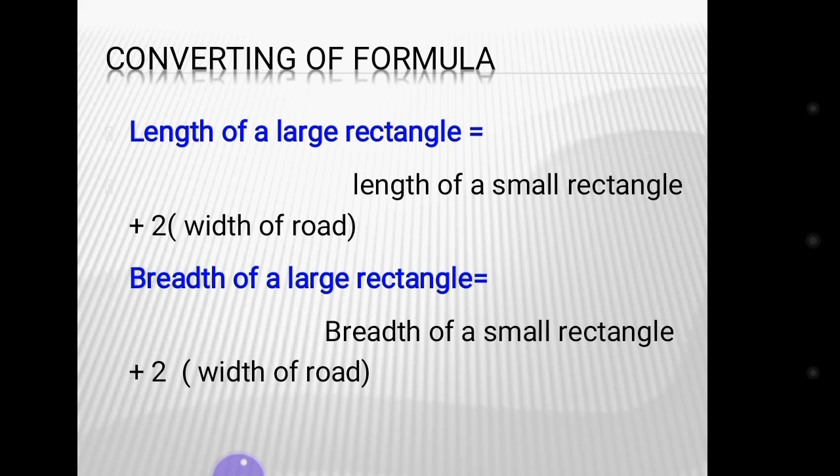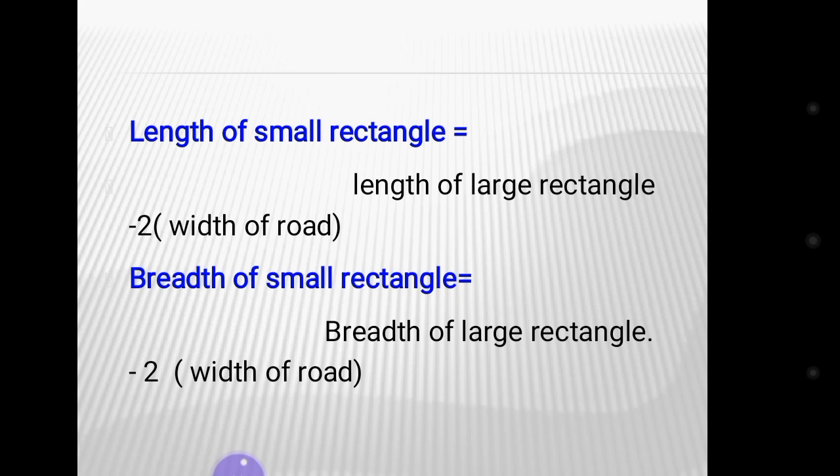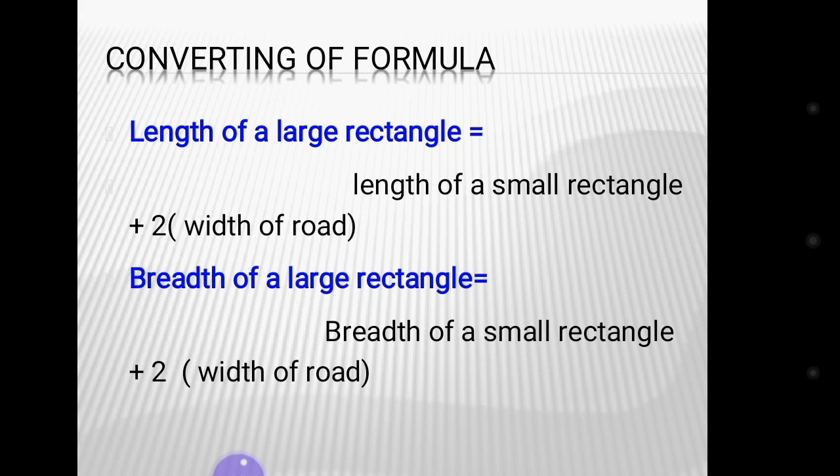As you know, the area of a rectangle is equal to length into breadth. In the figure above, if we have the length and breadth of one rectangle and also the width of the road or the border around the rectangle or the playground, then we can calculate the length and breadth of the other.